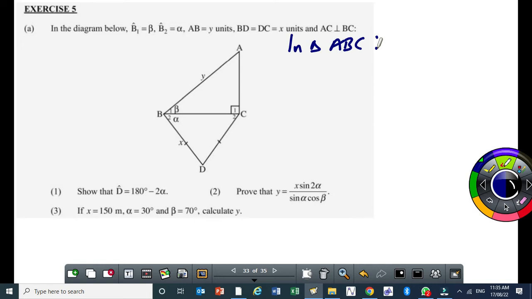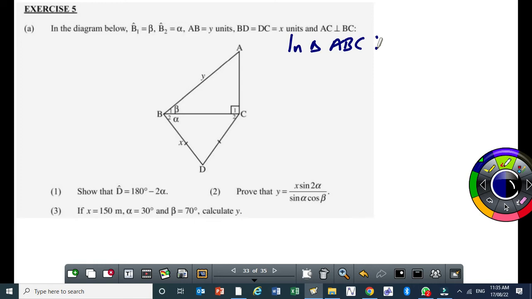Right? Which is what? BC. So I have to use that side. I need an equation which includes BC from triangle ABC. I also need another equation which also involves BC from triangle BCD. Then I'll equate now the values of BC for both equations. And then I'll be done. So I need two equations here. And those two equations, I can obtain them from the two triangles.